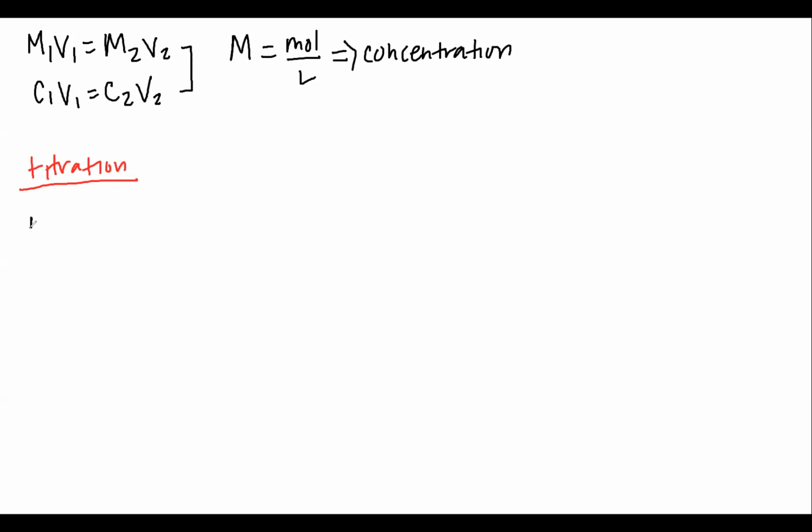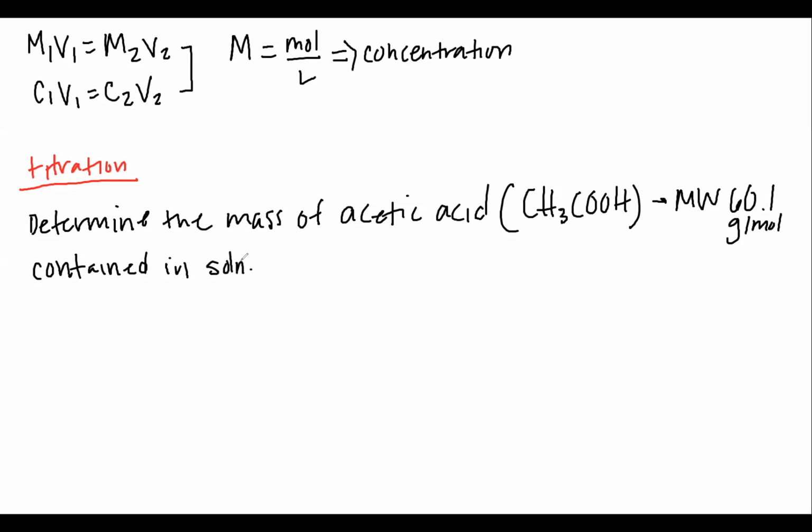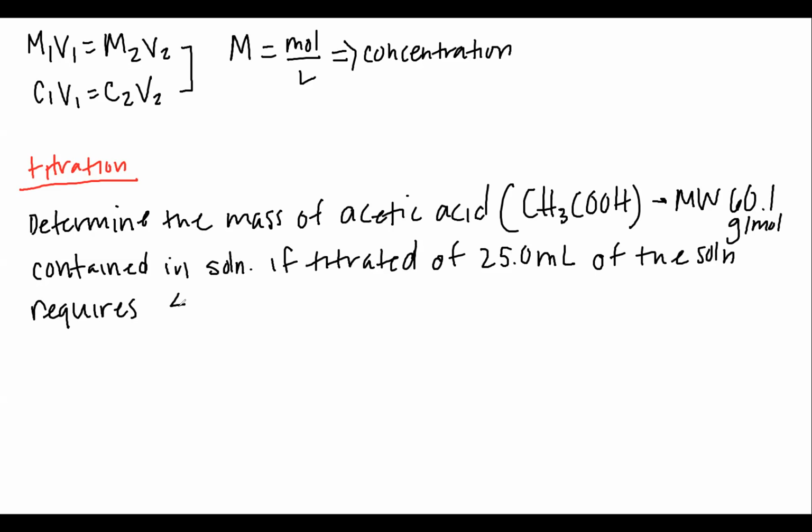So for example, we want to determine the mass of acetic acid, which by the way is this, that has a molecular weight, contained in a solution, if titrating 25.0 mLs of the solution requires 43.5 milliliters of a 0.154 molar NaOH.